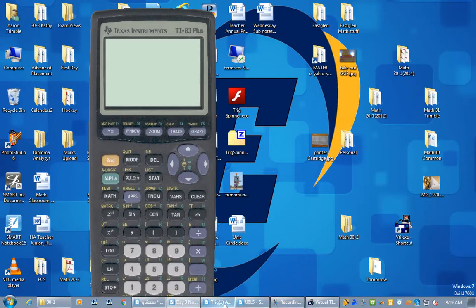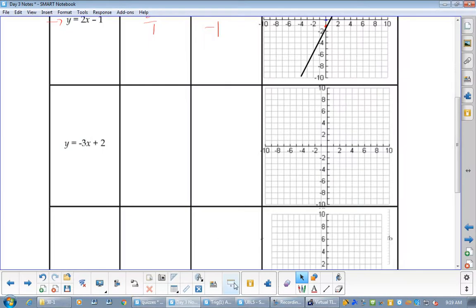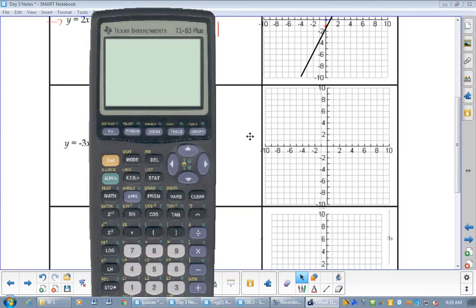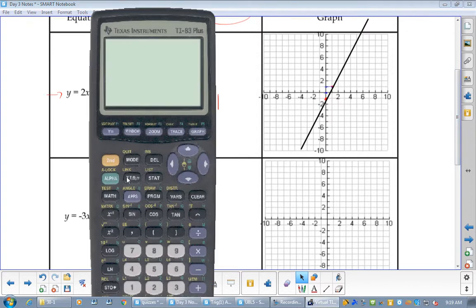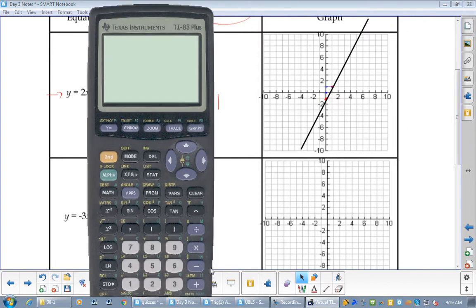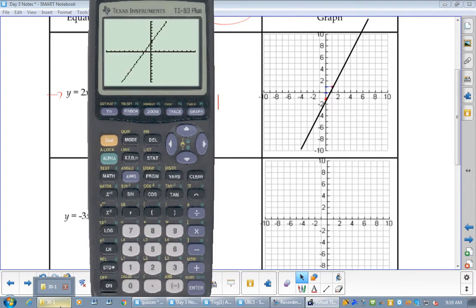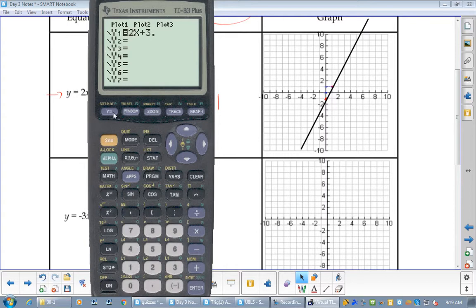Okay, so let me just bring up my lesson again here. Okay, so if I was to graph this one here, we hit our y equals button, right? Almost looks like I have it in there. But ours is 2x minus 1. Okay, and if I graph it, that's our graph.